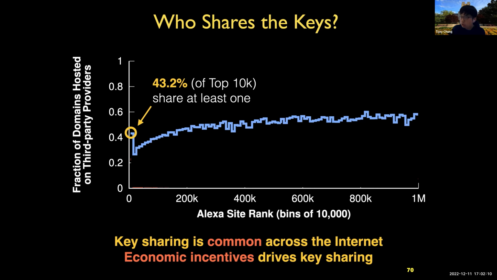So what they decided to do was rely on a third party, for example, an EC2 machine, without owning the actual physical machines or managing them themselves. So we believe key sharing is common across the internet, and economic incentives are the major force driving key sharing.